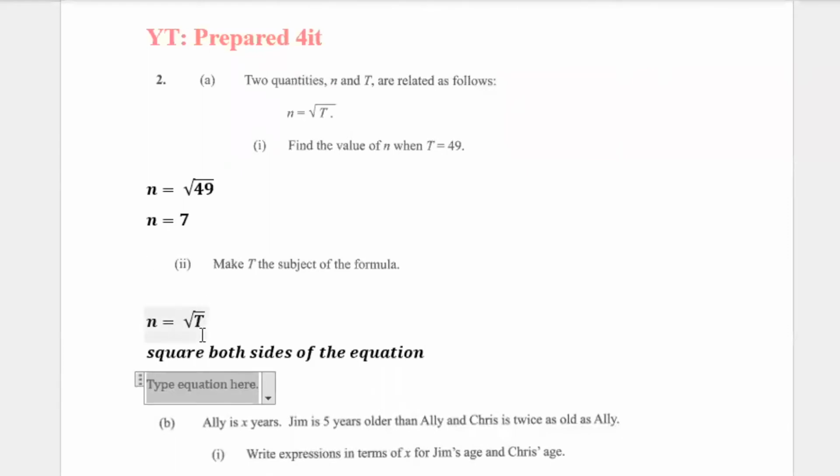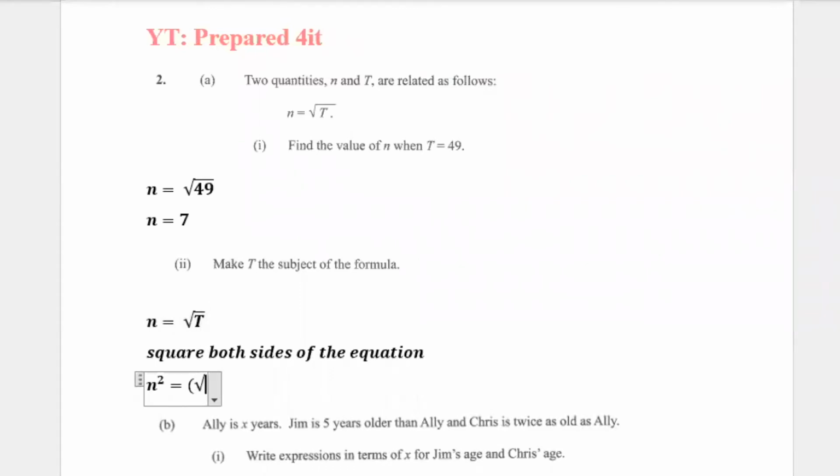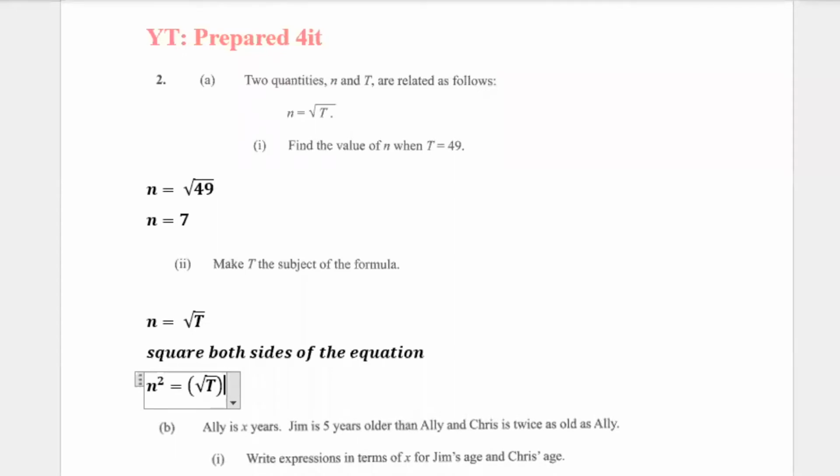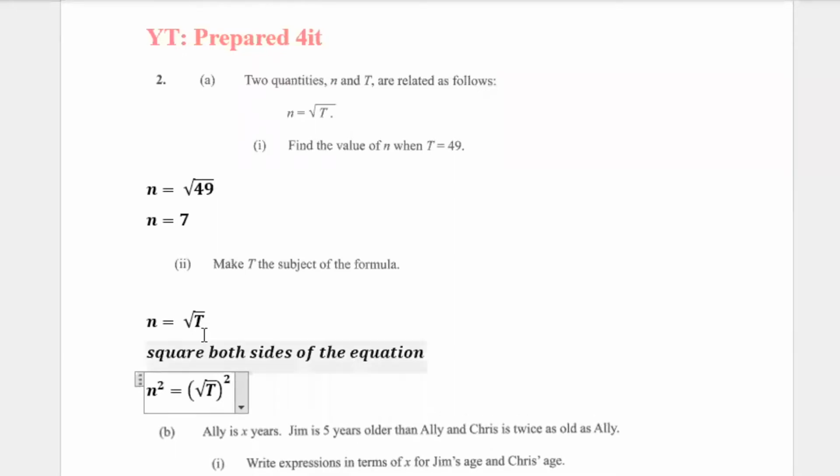So what we'll do is n squared is equal to the square root of t, squared. And this is how we cancel the square root from the right hand side of the equation.